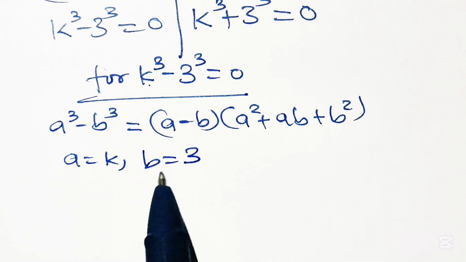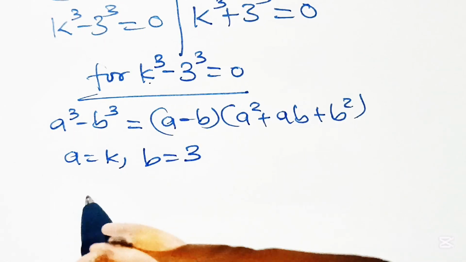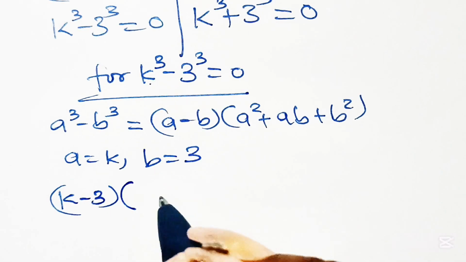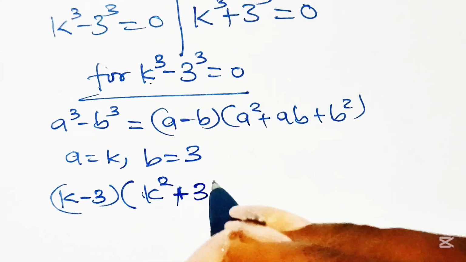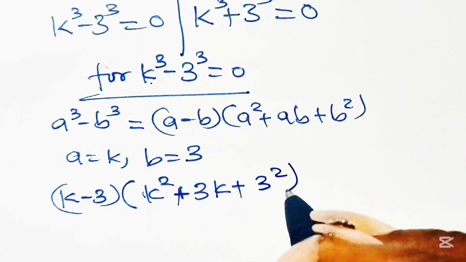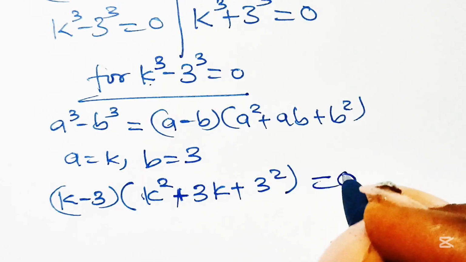So we expand: a minus b, that is k minus 3, multiplied by a squared, that is k squared, plus ab, that is 3k, plus b squared, that is 3 squared. This is what we use to replace this, equal to 0.